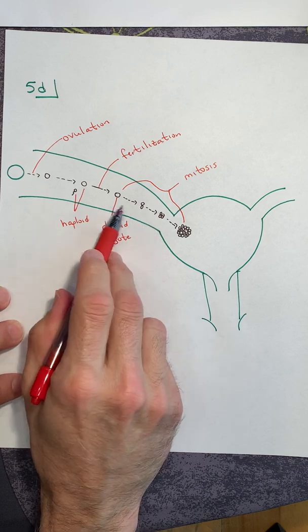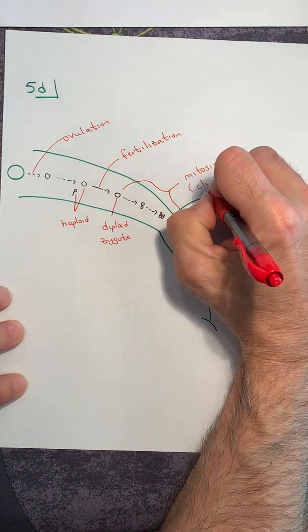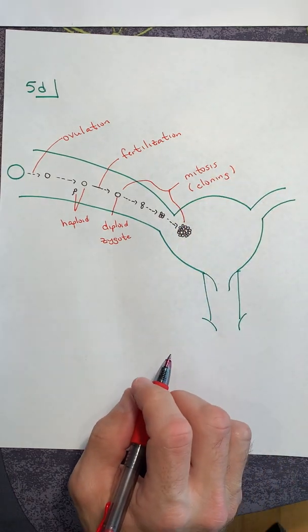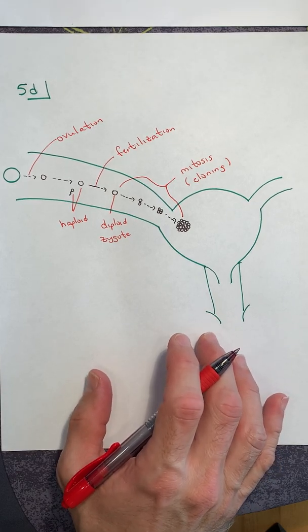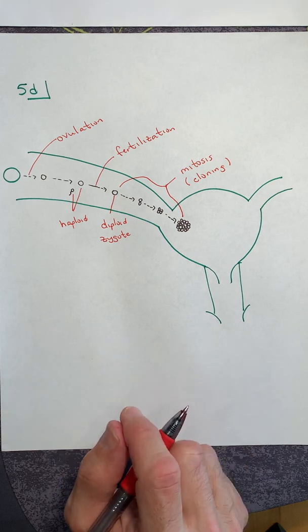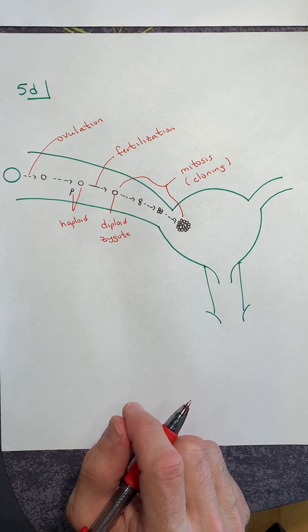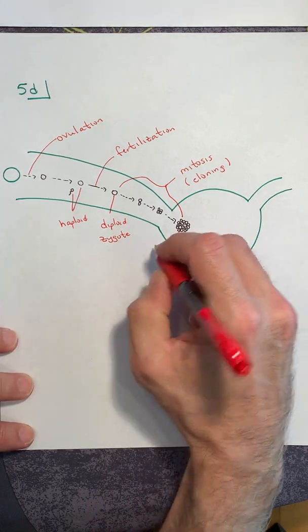There's no genetic variation here at all. So this is a process of cloning. Mitosis makes genetically identical daughter cells. And so mitosis is by definition cloning, which is why when people say cloning is unnatural, that is just not an accurate statement. Mitosis is the process of cloning and forms all of the cells in your body except your sperm and ova.